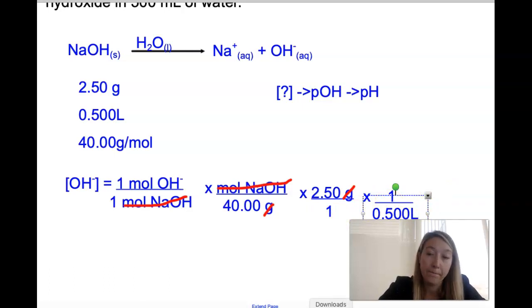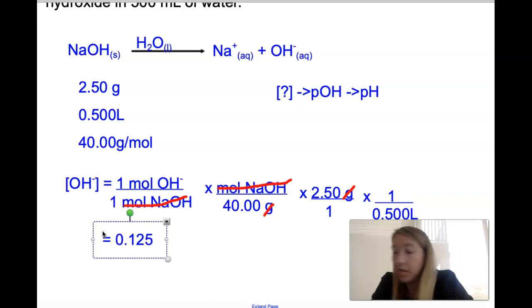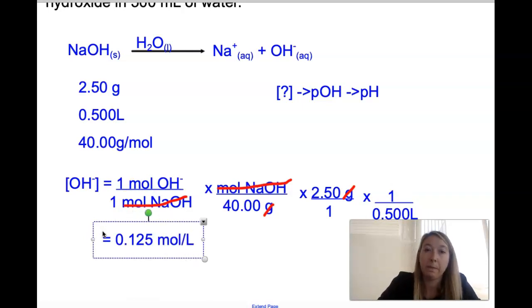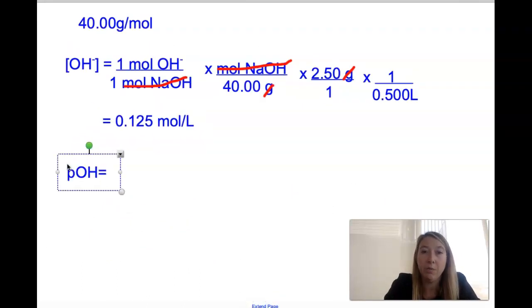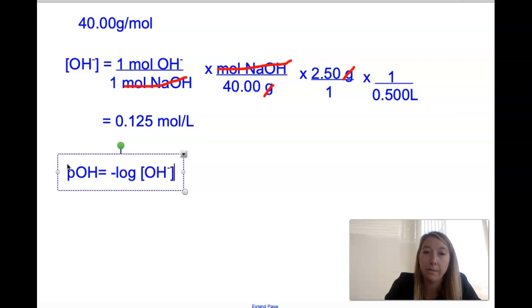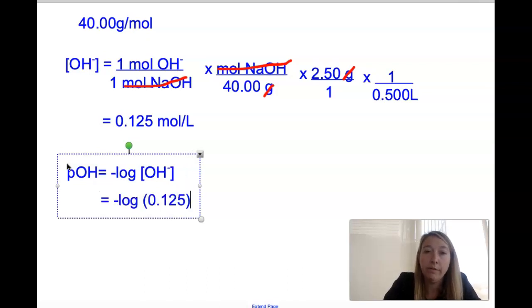So we calculate this, and we come up with a concentration of 0.125 moles per liter. Now we have hydroxide. From hydroxide, we can calculate our pOH, because pOH is equal to negative log concentration of hydroxide. So we're going to do the negative log of that 0.125.